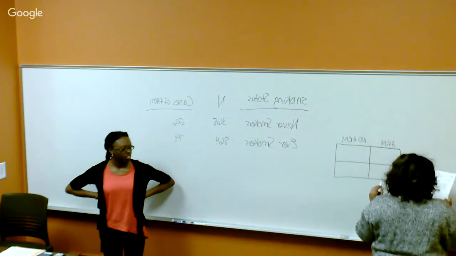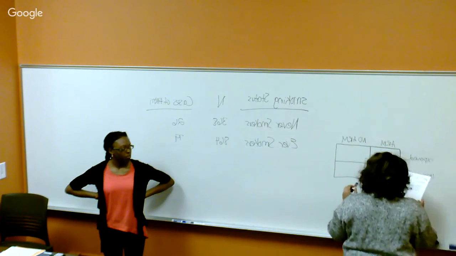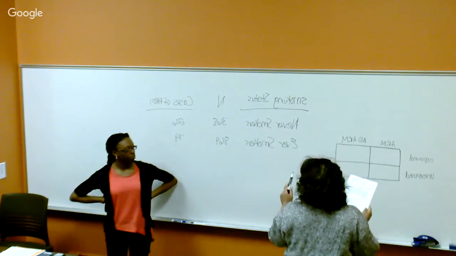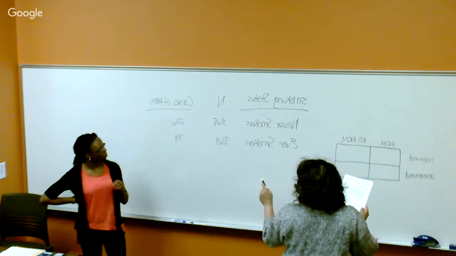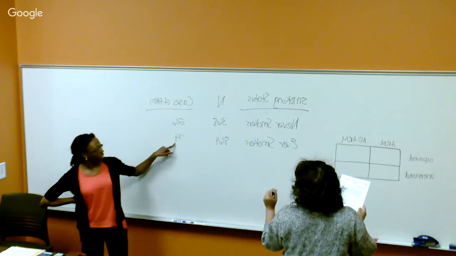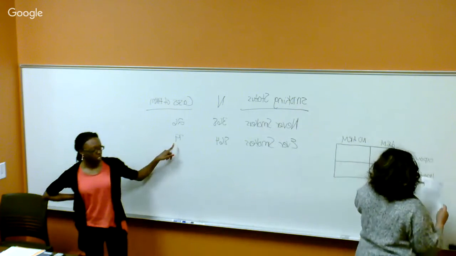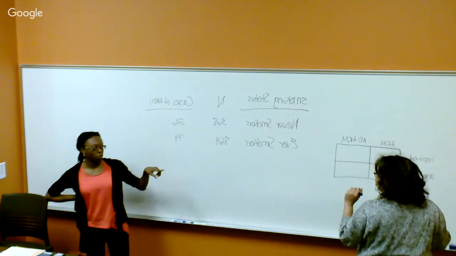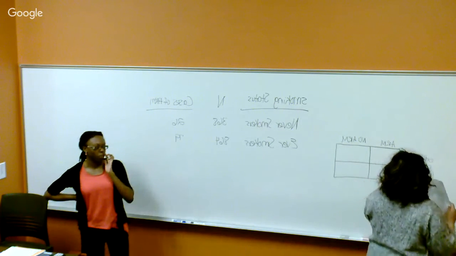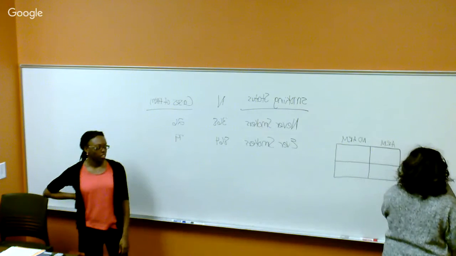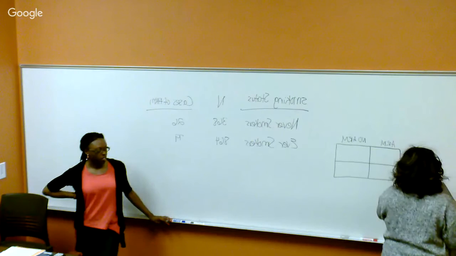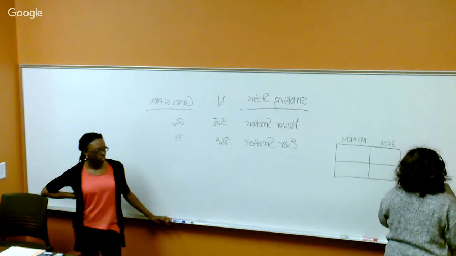For those who are exposed and have the disease, it's 79 cases? Yes. Just be sure to write that exposed means that you smoke, just so people know. So smokers, and non-smokers.